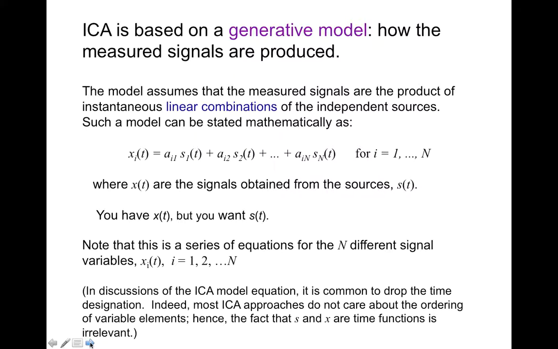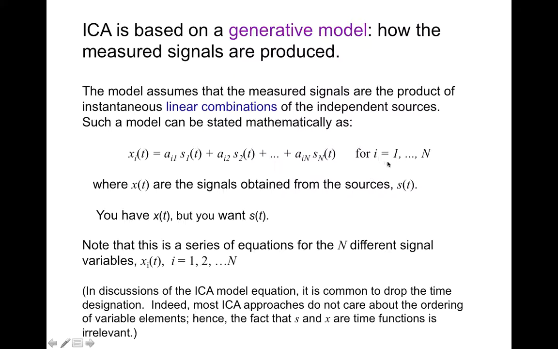The ICA model assumes that your measured signals are a mixture of instantaneous linear combinations of the independent sources. So at any given point in time, we have a mixture at that point in time of signal 1, 2, 3, and so on.